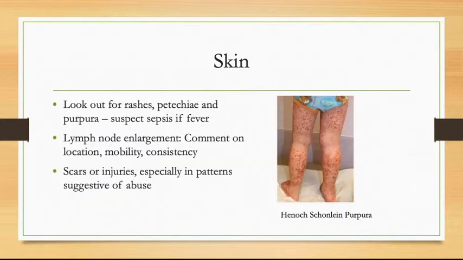Lastly, when you do an examination of a child, I would always first check with the parent if there's any rash during history taking, but especially if they do have any fever. When I'm examining, I would try and look for rashes on the body as well.